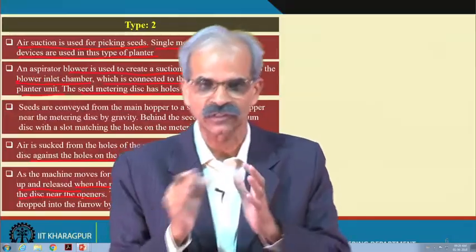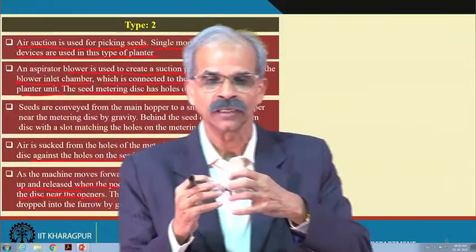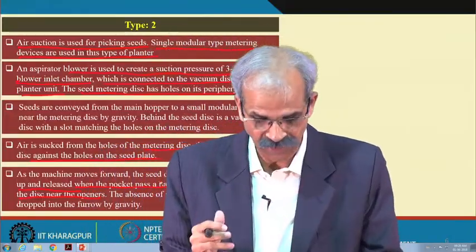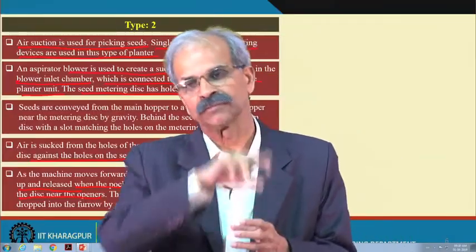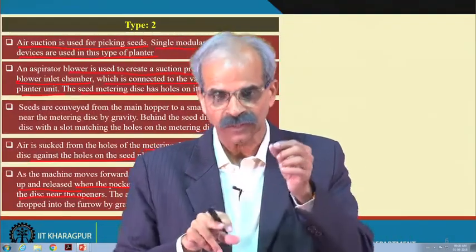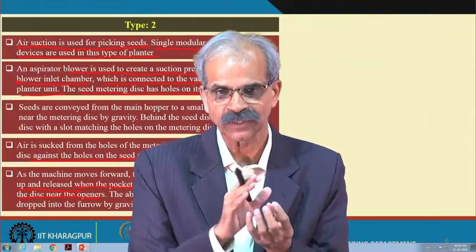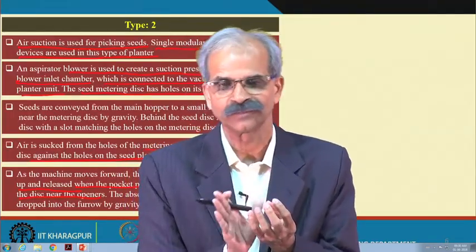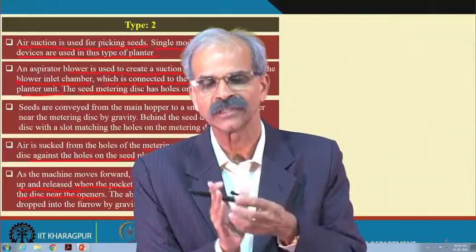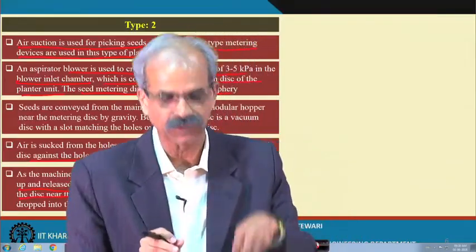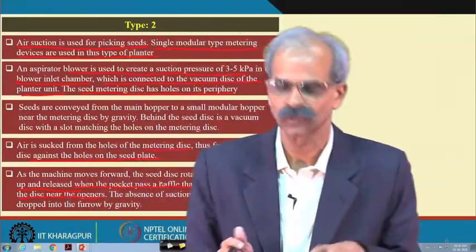In the second case, we are maintaining a vacuum, and in the periphery of the disc the seeds are held. The moment there is a baffle which cuts off the vacuum, immediately the seed will be released at the end of the opener, at the location where it is supposed to go.